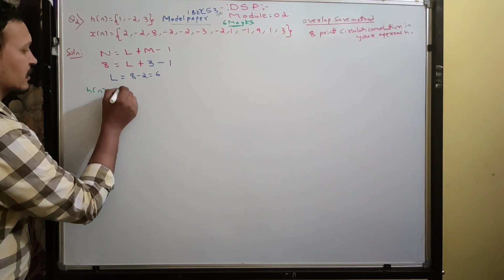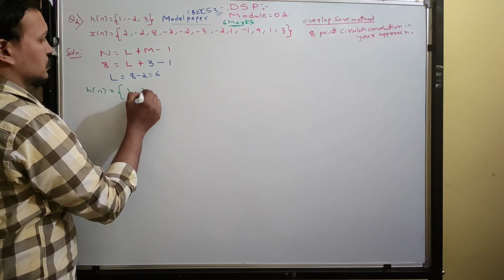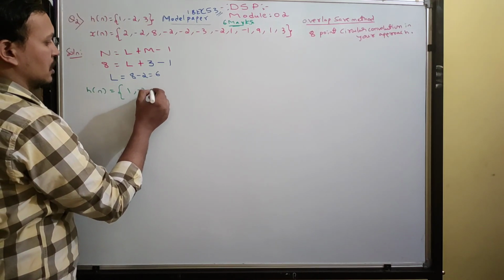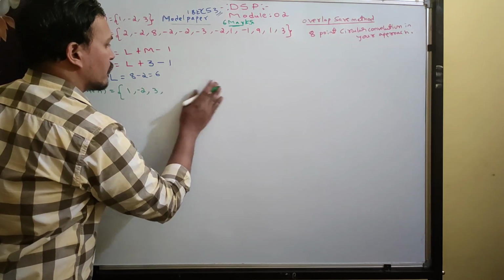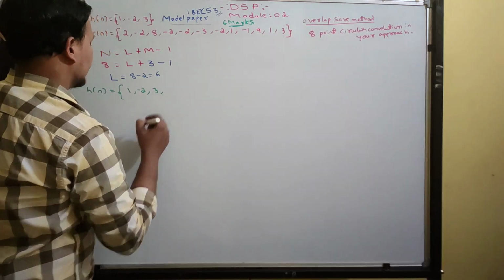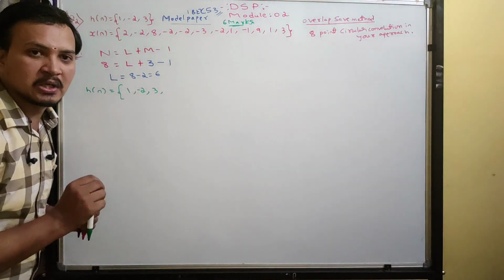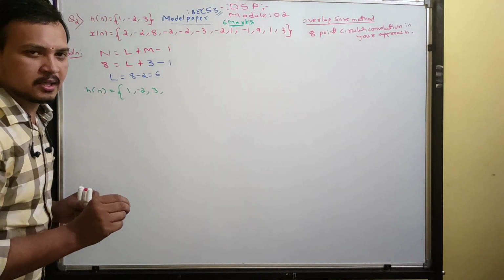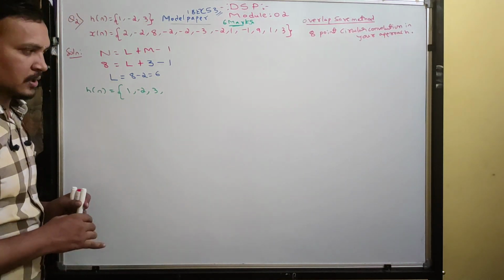h of n you must write. What is h of n? 1, comma, minus 2, comma, 3. Now I want to make the data block length 8, for 8-point circular convolution. Therefore I want to make h of n with 8 samples.